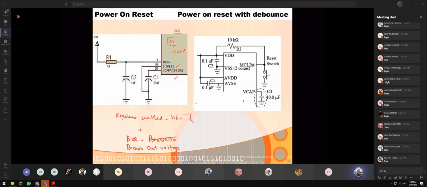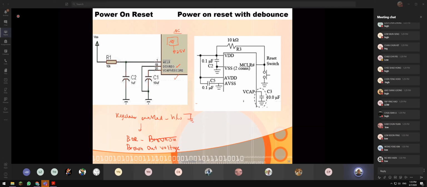In PIC24, brown out voltage is fixed at 2.5 volt. What is this brown out voltage? It means that if the operating voltage of this microcontroller drops below 2.5 volt, it will auto reset. You will go into the reset state.